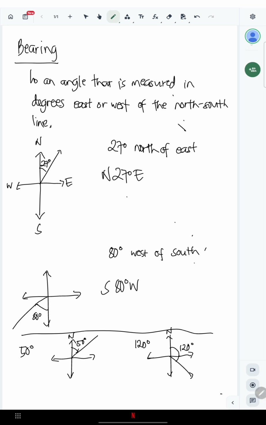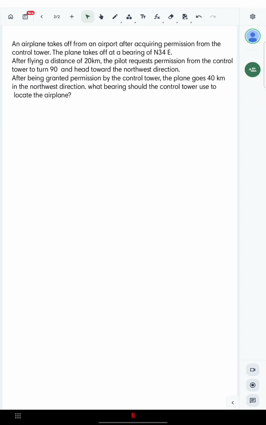Okay? So we'll have these problem solving that includes the bearing, but still this will be a right triangle. So let's do our best to solve this one. Okay, now based on the given, an airplane takes off from an airport after acquiring permission from the control tower.